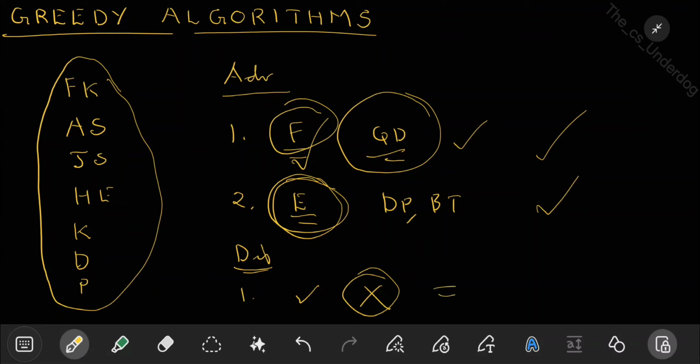And how will you decide this? You will decide this based on the two properties that we discussed. Accordingly, you can decide whether greedy is applicable for this problem or not. In the coming lectures, we'll go into each of the greedy algorithms and we'll see how greedy is applicable there and how greedy approach solves the problem.